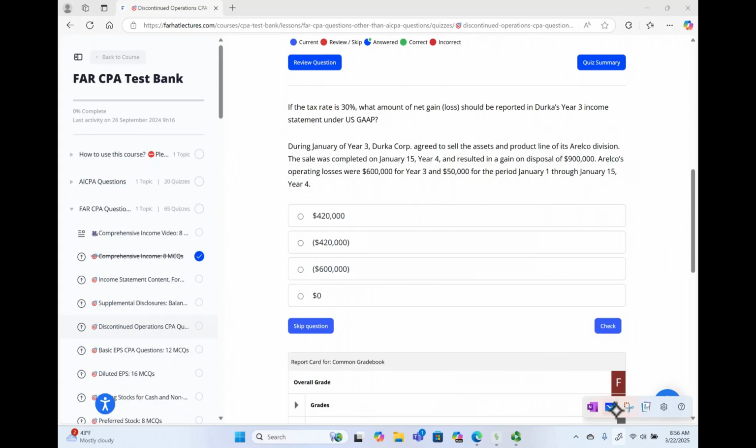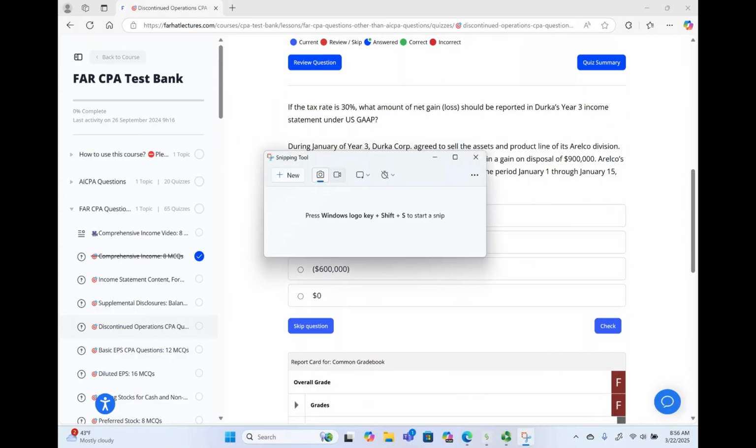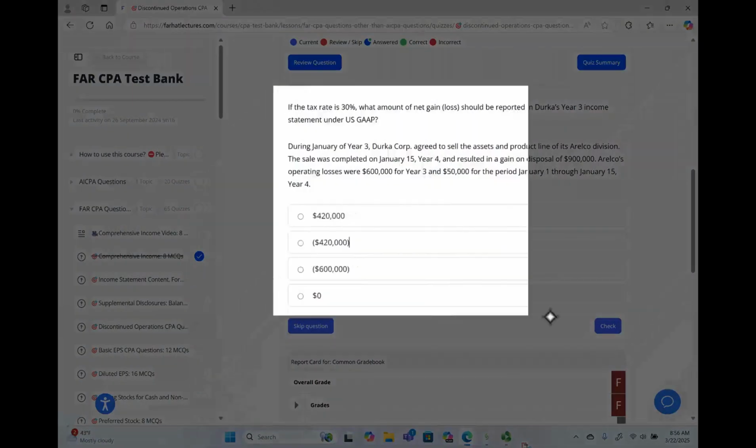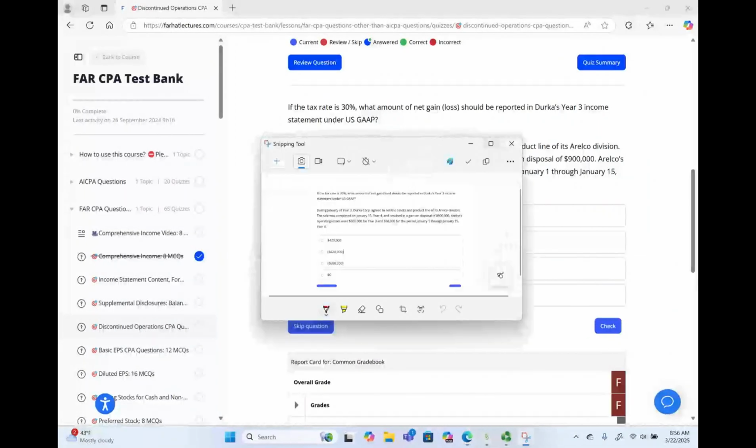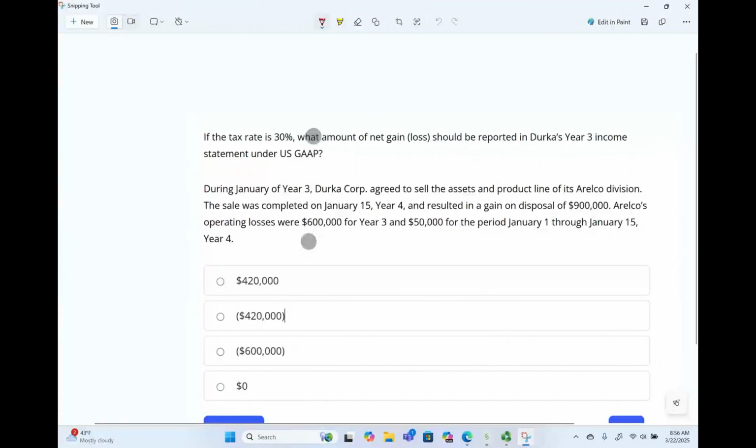Let's take a look at this question. The question reads, if the tax rate is 30%, what amount of net gain or net loss should be reported in year 3 in Durka's income statement under GAAP? So let's see what we are given.